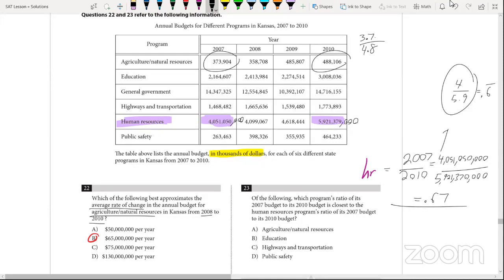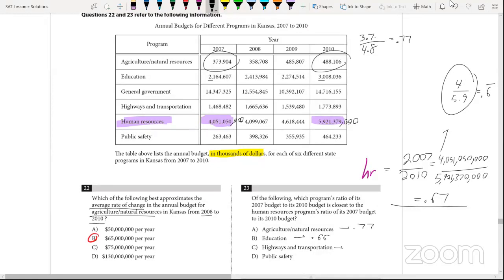So that comes out to 0.77, just doing it quickly. Education, since the number places match up, I could see that as 2.1 over 3.0. So 2 over 3, which is 0.66. So education looks good for this one.